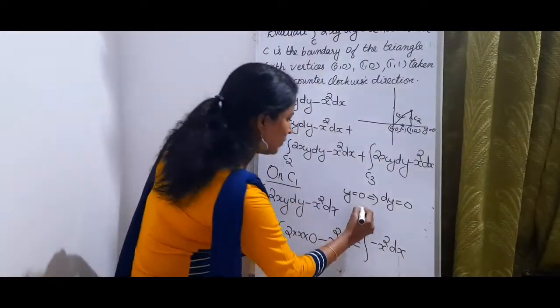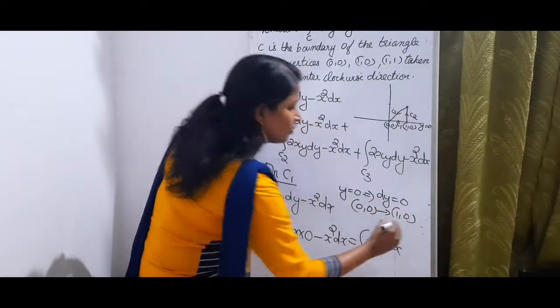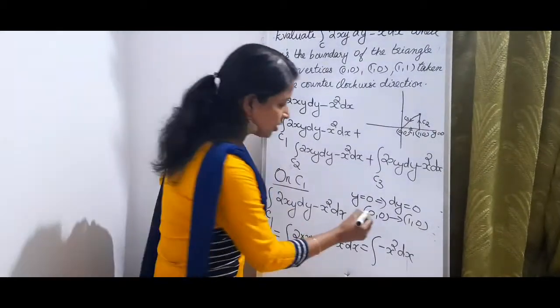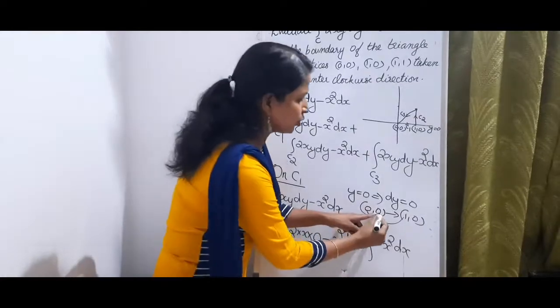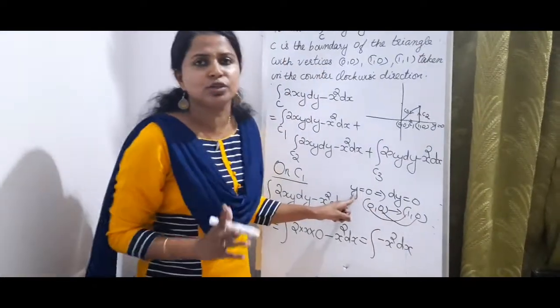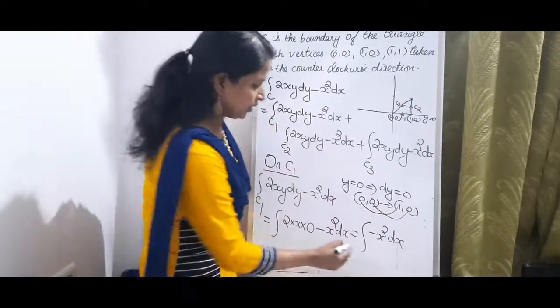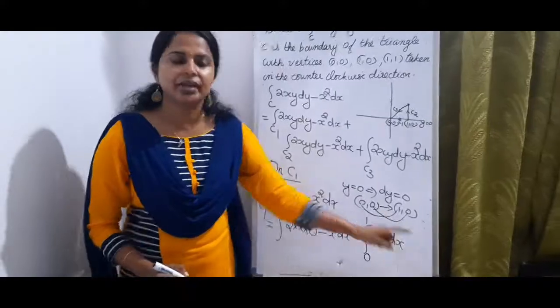Here x varies from 0 to 1 and y varies from 0 to 0, that means y equal to 0. So the limit of x is 0 to 1. Here we take the integral from 0 to 1 of minus x squared dx.